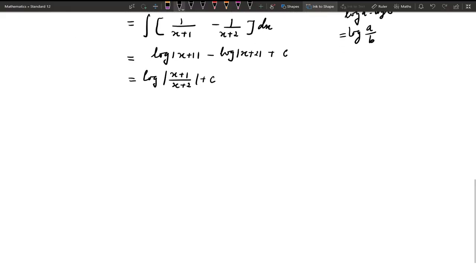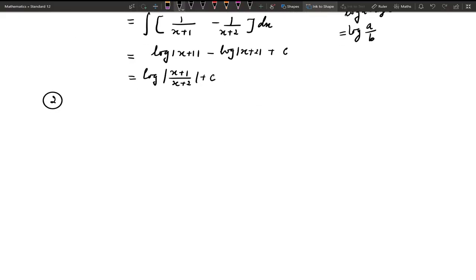Now we take another example. Integrate x plus 1 upon (x plus 2) whole square into (x plus 3) dx.